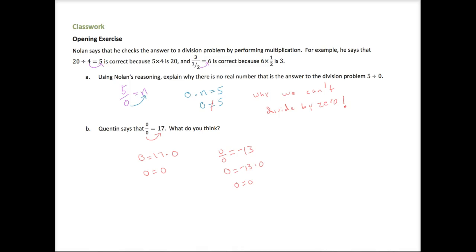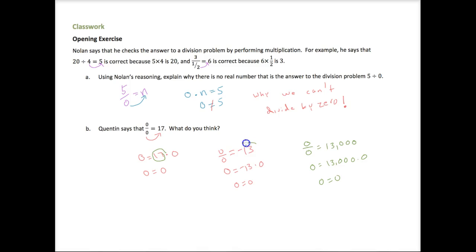And you know, as mathematicians, we do not like it when we get several answers to the same thing. 0 divided by 0 equals, let's go crazy, 13,000. That means 0 equals 13,000 times 0. 0 is equal to 0. The problem is we're just not allowed to have 3 answers for the same question.